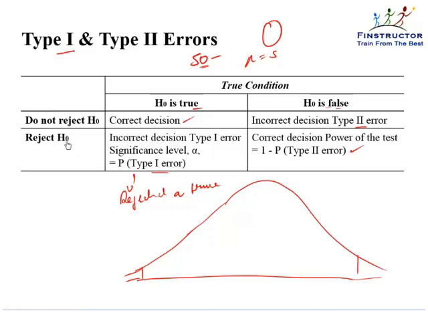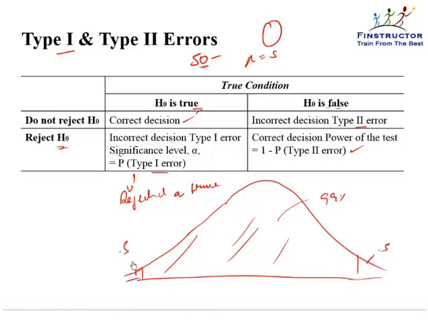Because type 1 error happens when you reject a true null hypothesis. If the level of significance is 1%, that is 0.5% this side, 0.5% on the left, then how many times are we actually rejecting the null? Only 1% of the times. 99% of the times we are anyways failing to reject. The rejection region is only 1%.